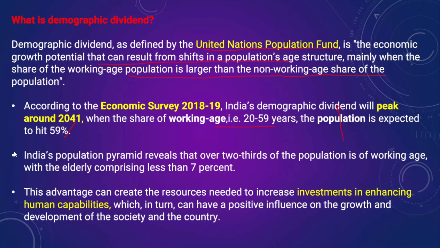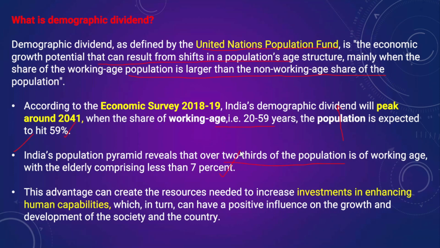Now if you look at India's population pyramid, it reveals that over 2/3 of India's population is of working age, with the elderly comprising less than 7%. However, if you look at aging societies or countries like China and Japan, their elderly population share is much higher, right?